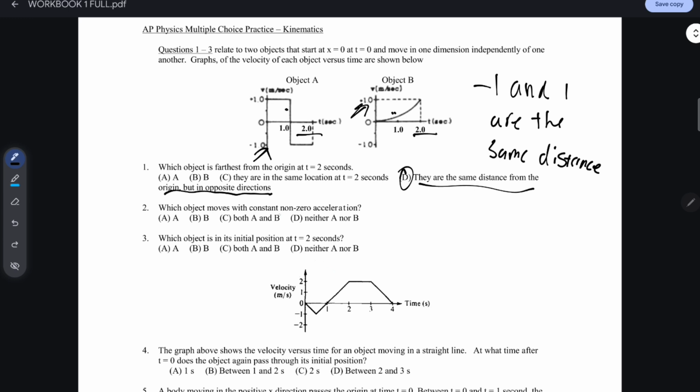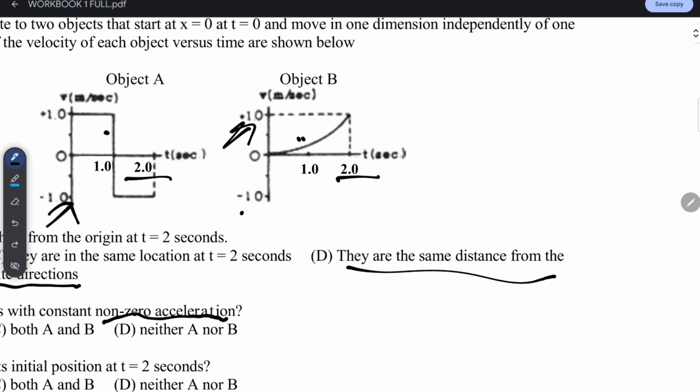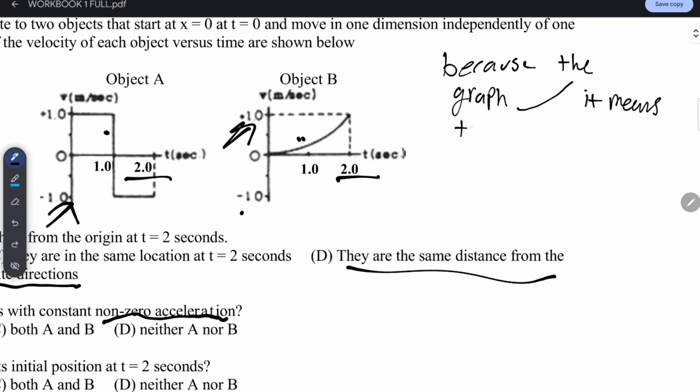So a constant non-zero acceleration, we can see that because the graph is going up like that, it means that it's accelerating.